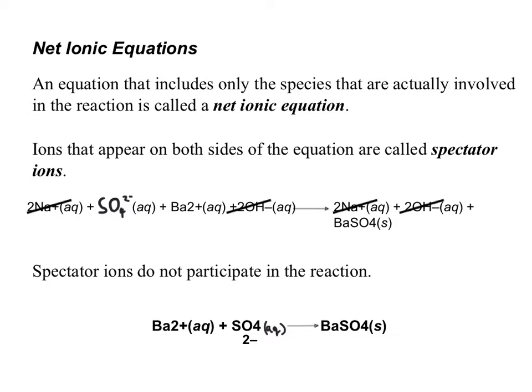So for example, we find sodium ions on the left and the right-hand side, so we can cross them out because sodium ions are spectator ions. They are remaining in solution and they are doing nothing. The only ions that therefore are involved are the barium and the sulfate. And this is the reaction that is occurring. Barium ions are reacting with sulfate ions to form a barium sulfate precipitate.